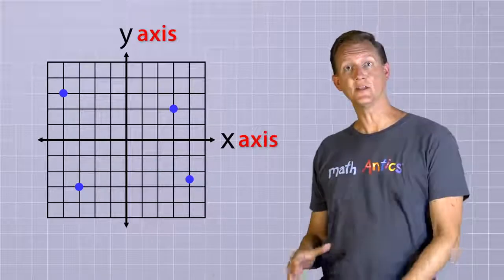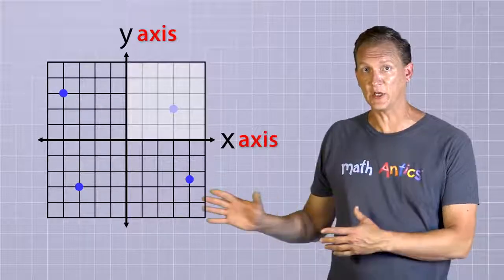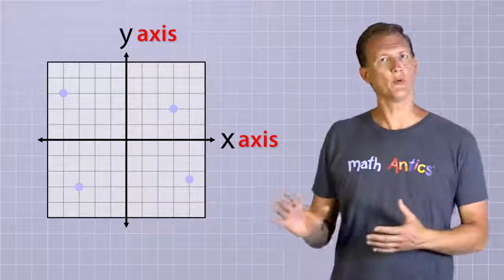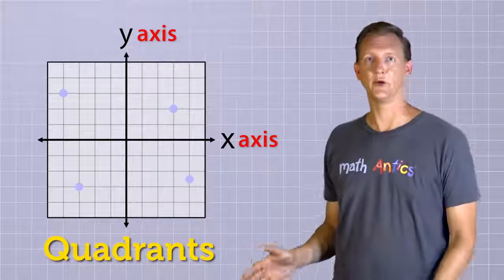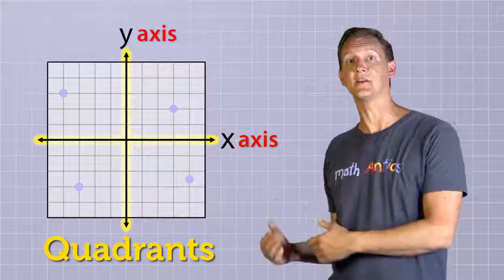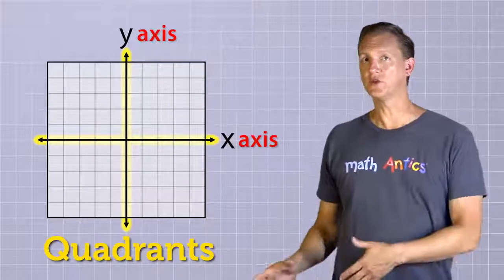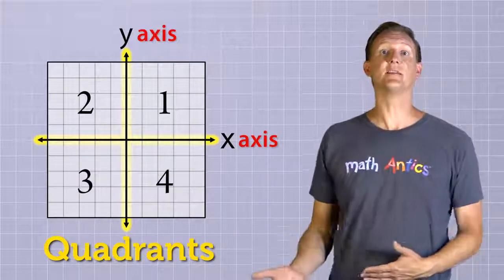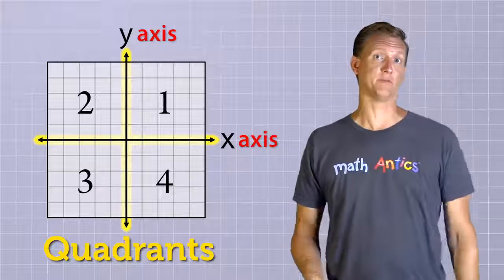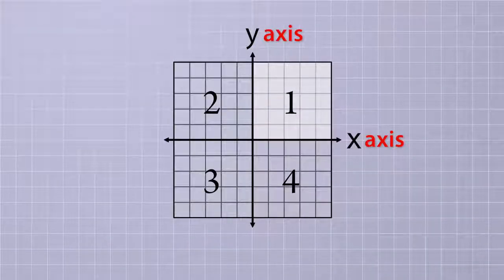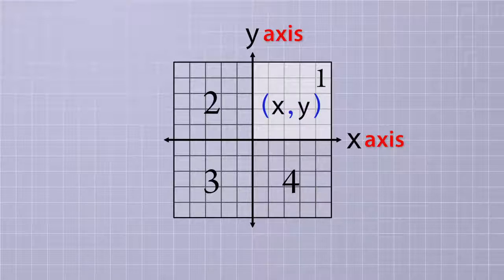And did you notice that each of these points is located in a different region of the coordinate plane? These 4 regions are called quadrants, and their boundaries are defined by the 2 axes of the coordinate plane. The quadrants are named 1 through 4, so we can easily refer to them in conversations if we need to. Quadrant 1 is the upper right quadrant, and it contains all of the points where both the x and y values are positive.